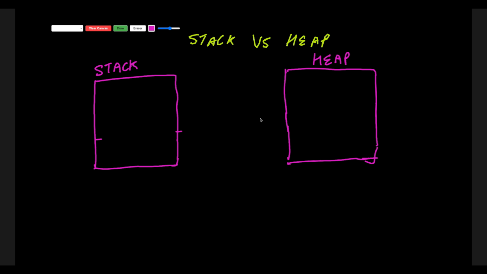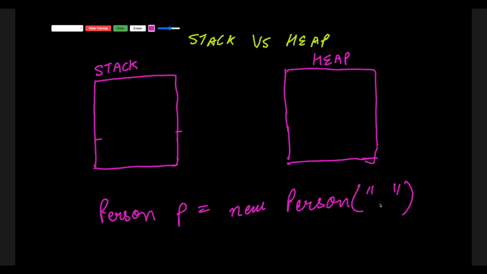First is references. References are the pointers that point to an object, where the object is stored inside the heap. Let's say we define a particular object, Person P equal to new Person A. So in this case, P is the reference that is stored inside the stack, but the actual object will live in the heap memory.